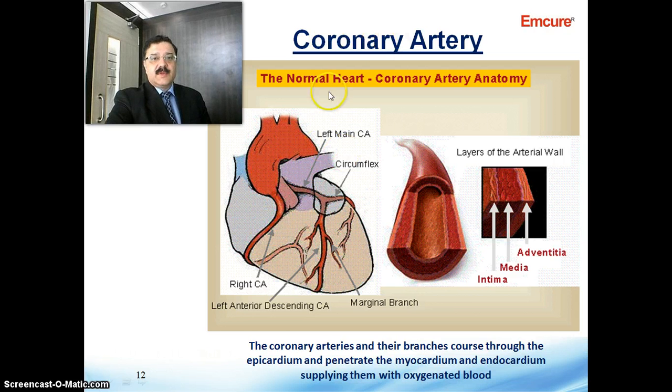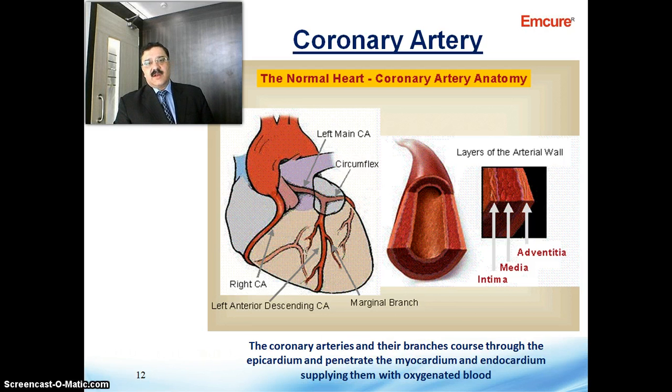Now it is from the arch of the aorta that the major coronary trunk comes out, and it divides into the right coronary artery and your left coronary artery. This right coronary artery further divides into two branches called the marginal branch, and the one which supplies the posterior half of the heart is called the posterior interventricular branch.